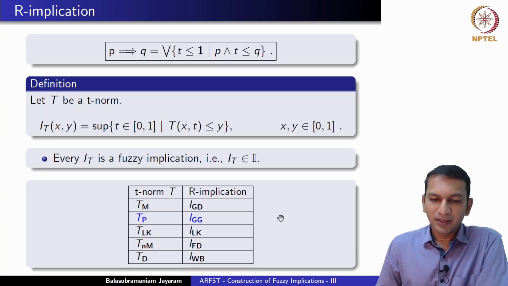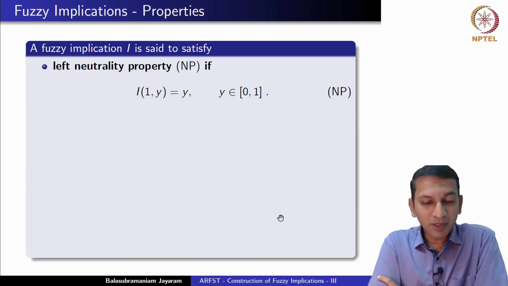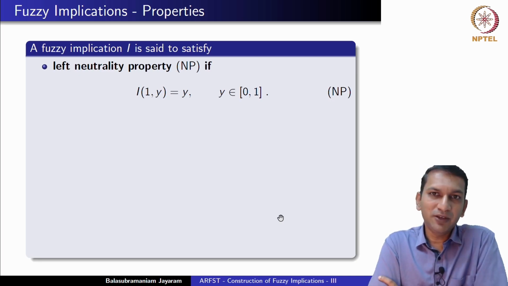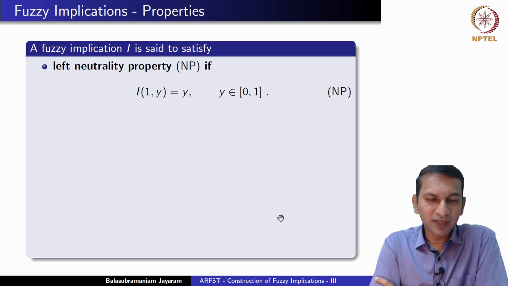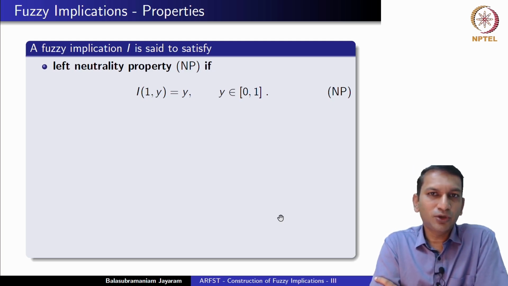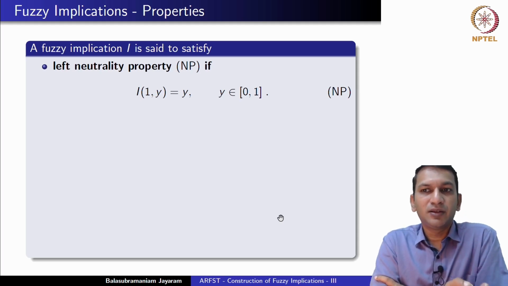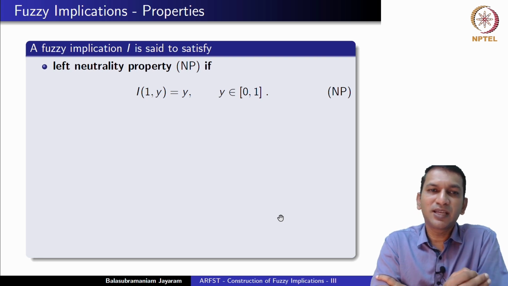Well, let's look at discussing the desirable properties of the family of R-implications. Once again, let's recall that we have these 4 properties: the left neutrality property, or just the neutrality property, which says that if x is equal to 1, then the implication should take the value in the second argument.